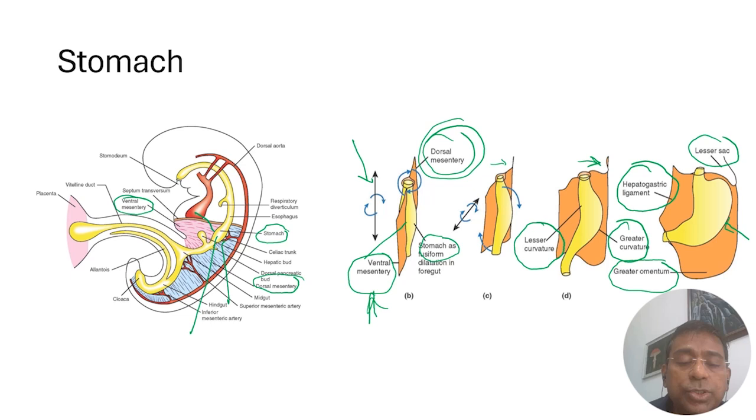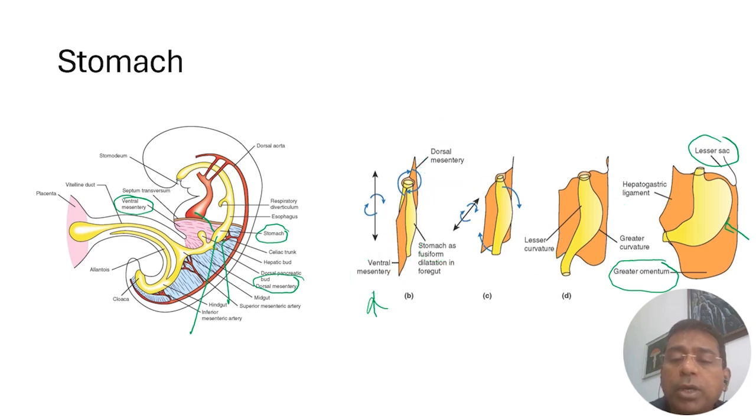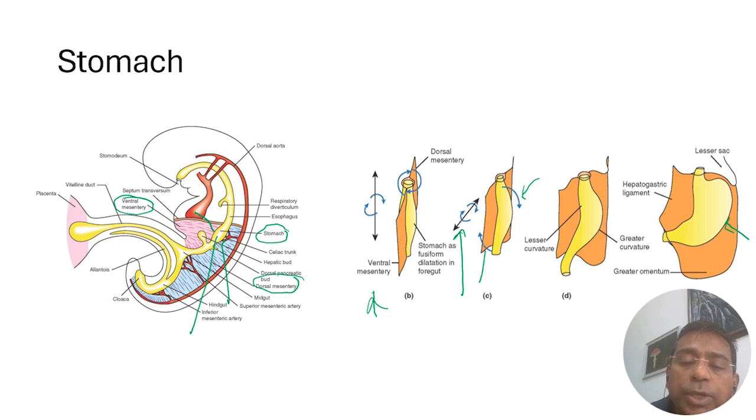Now the stomach also rotates along the anteroposterior axis. So this arrow here is representing the anteroposterior axis. The anteroposterior axis will pass through the stomach from here, and if you see from front, it will rotate clockwise. These arrows show the clockwise rotation.